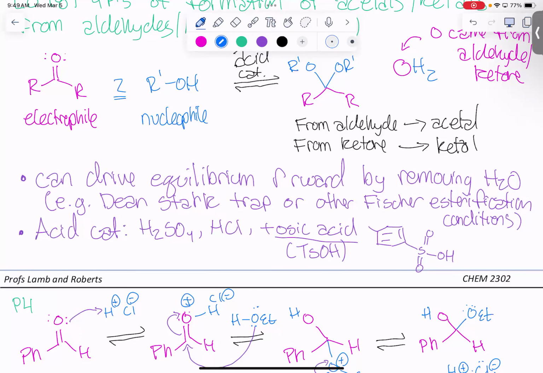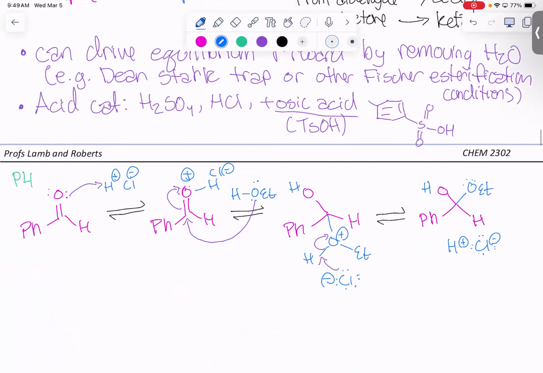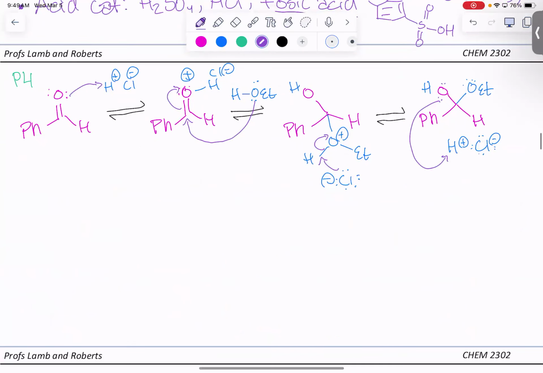Our product has two equivalents of the alcohol that is now added. Okay, that means we have some lone pairs of electrons on this alcohol that needs to leave to form water. So let's go ahead and turn it into a good leaving group by deprotonating it. And our equilibrium continues.